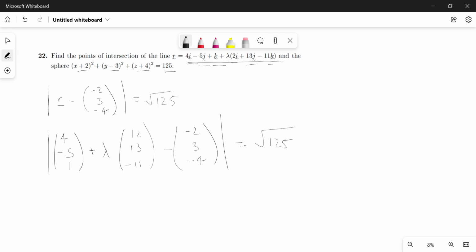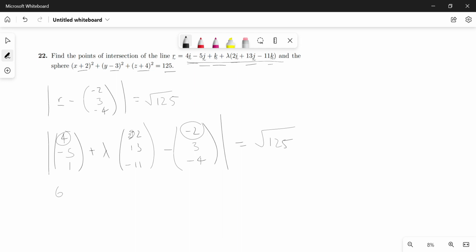So if we have a look at that, look across at the x's, we would have 6 because we've got a 4, and then we've got a -2, so plus 4. Did I just write that wrong? Yes, I did. So that should be a 2, not a 12. Okay, that's better. So that's a 2, 13, minus 11.